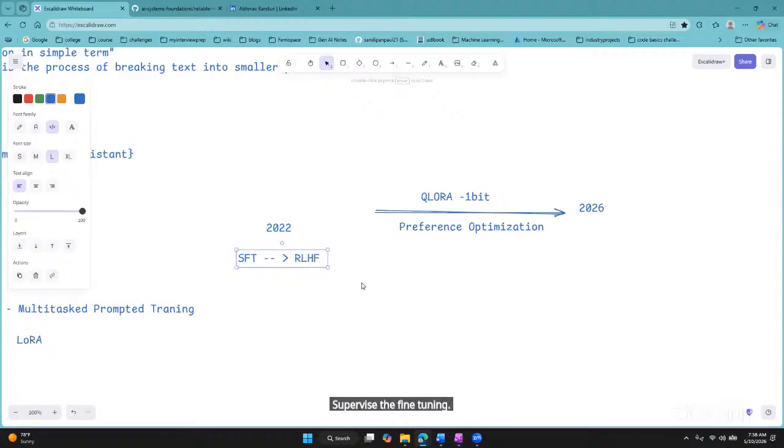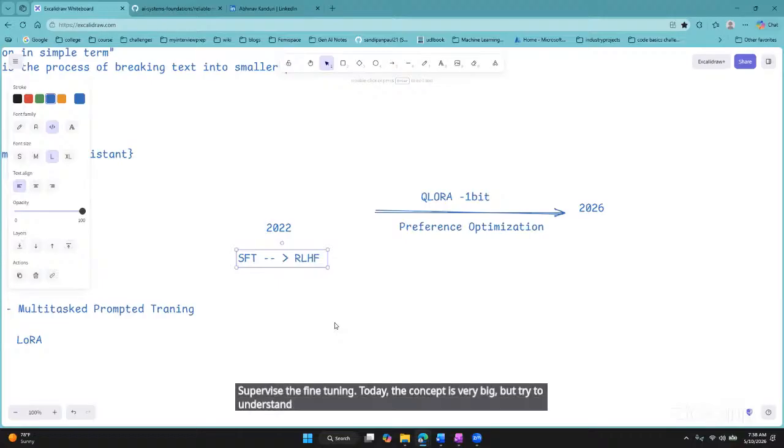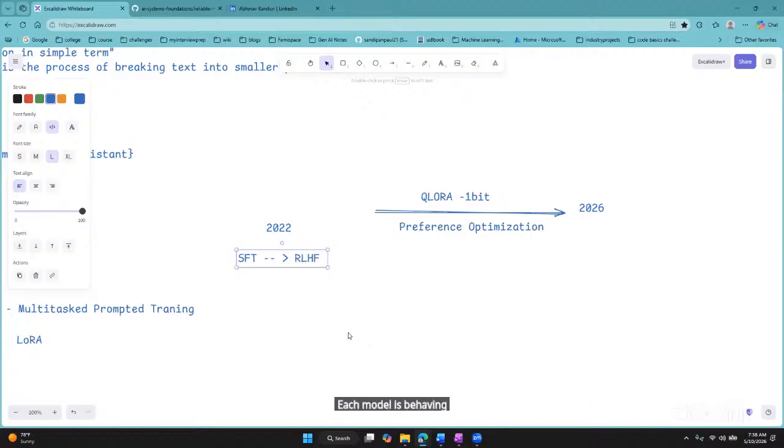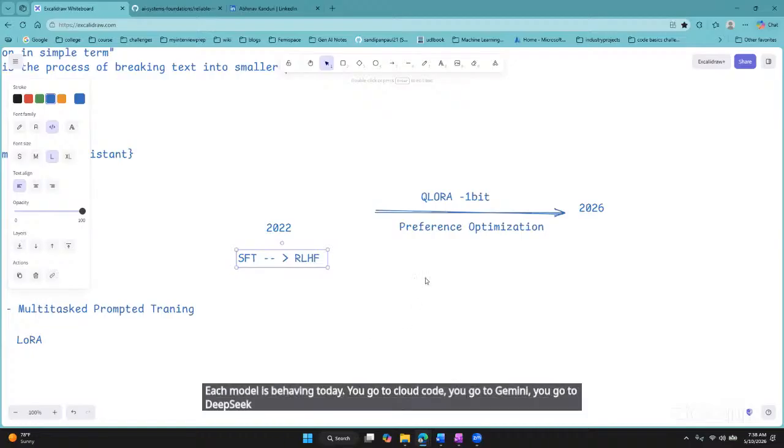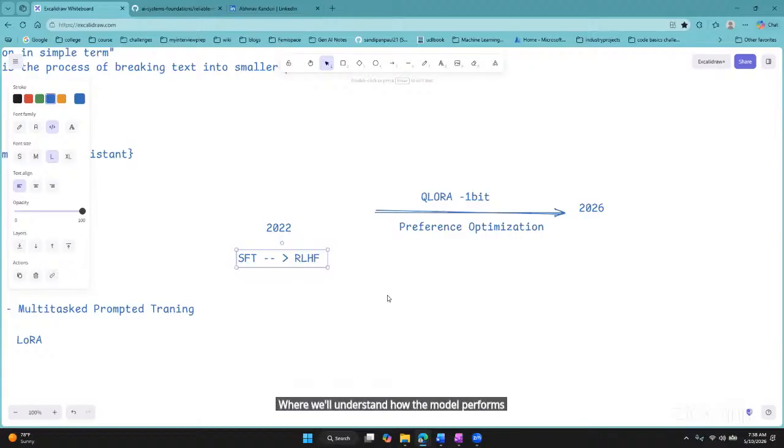Today, the concept is very big, but try to understand the underlying concepts so that you understand end to end how a language model works and how each model behaves differently today. You go to Claude Code, Gemini, DeepSeek, any model you take, these are the underlying concepts, such as mixture of experts, where we understand how the model performs on each parameter, or if it is passing the response from one concept to another, how it is preferring a user intent.